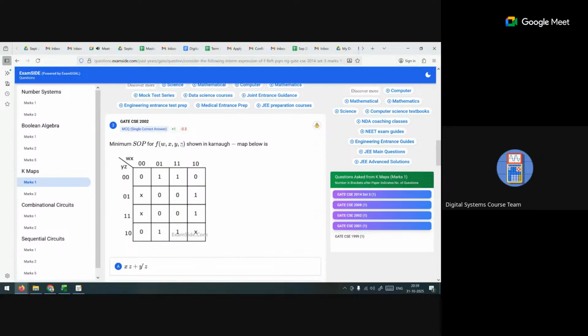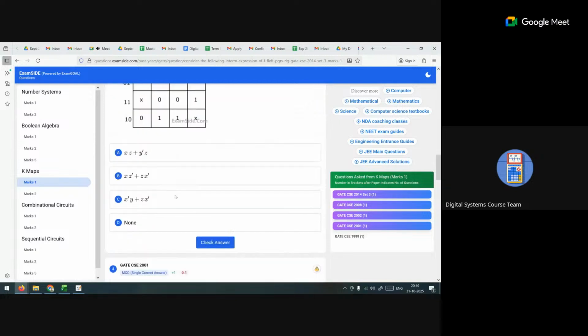Now minimum SOP for W, X, Y, Z in the K-map below. So this group 2 and this group 2. Top side 2 ones and bottom side 2 ones create a group of 4. The right side 2 ones and the left side 2 X's will create a group of 4. So two SOP terms are available.